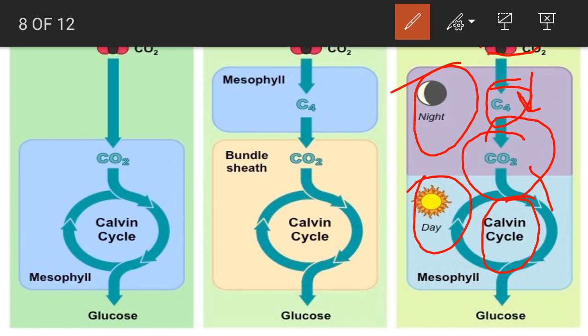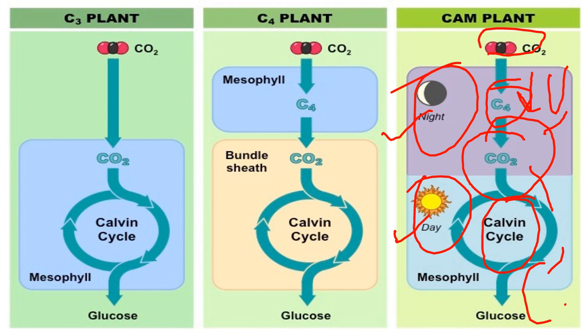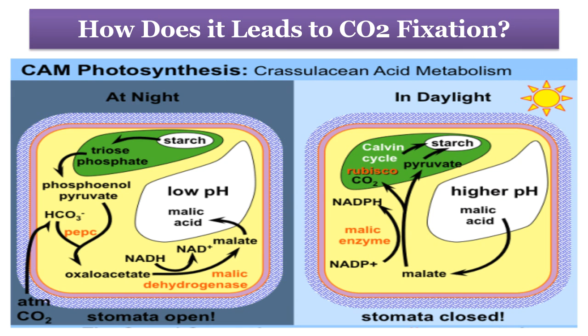So here there are two factors: one is time, that is night and day, and another is space. Carboxylation and storage happen in the vacuole, whereas carbon dioxide fixation happens in the chloroplast. So there is a spatial separation also. That's why it is said that in CAM plants the complete process is spatially and temporally separated.